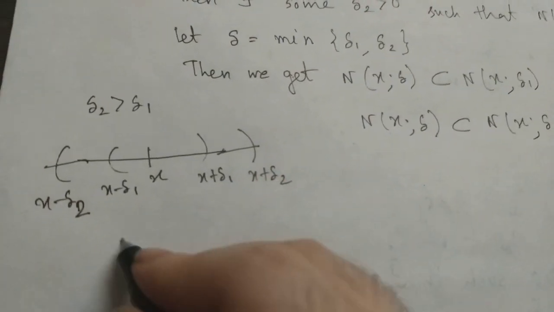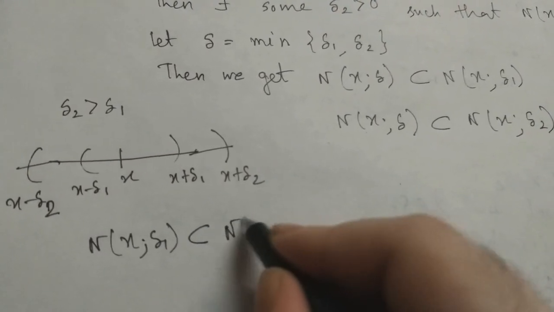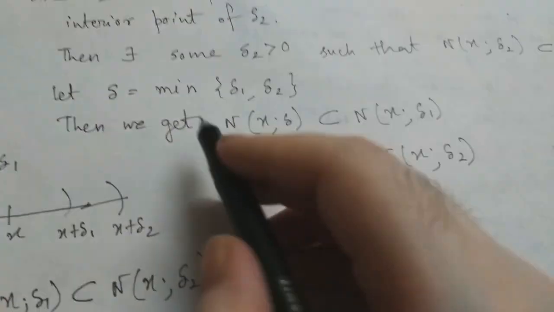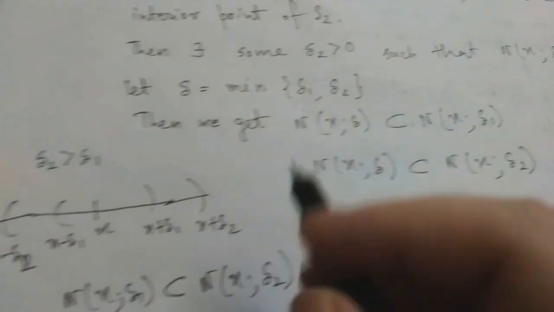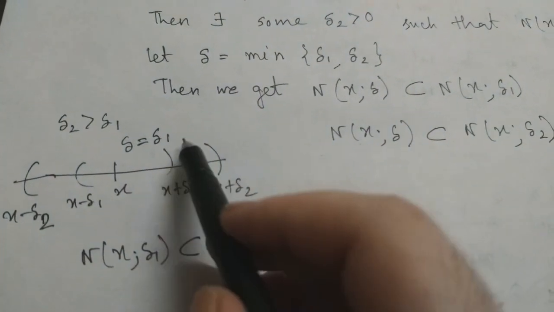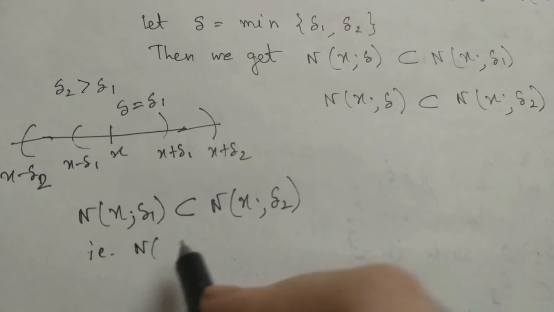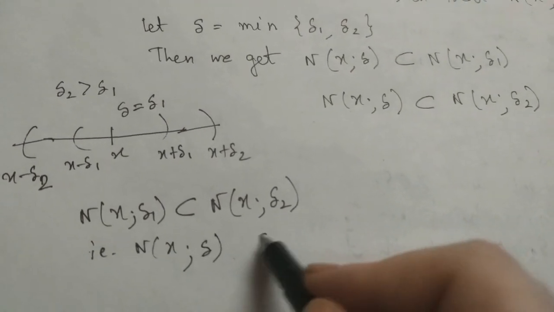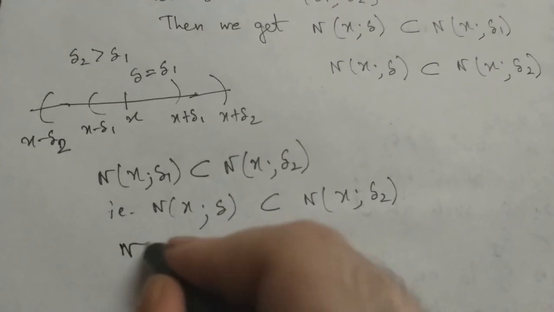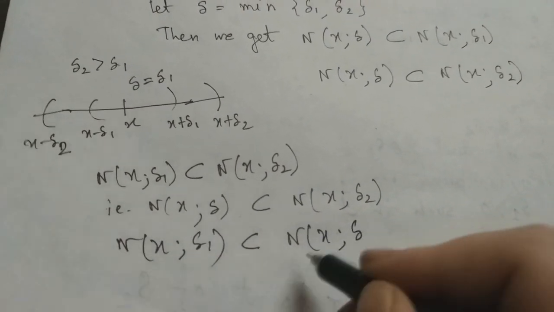Now, the delta 1 neighborhood of x is contained in the delta 2 neighborhood of x. We take delta equal to the minimum of delta 1 and delta 2. So here delta equals delta 1 because delta 2 is greater than delta 1. And we obviously know that the delta 1 neighborhood of x is contained in the delta 1 neighborhood of x, a set contained in itself.